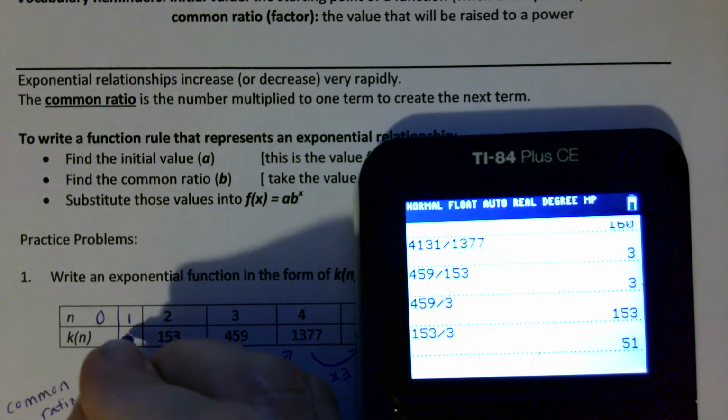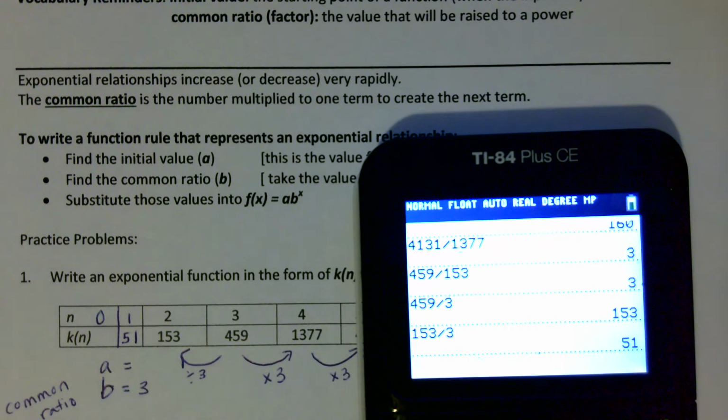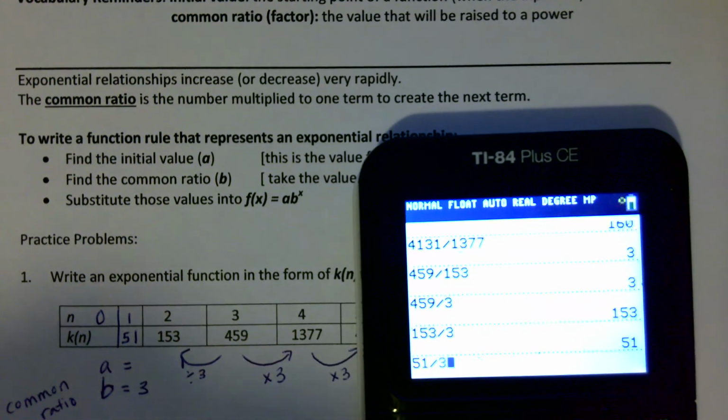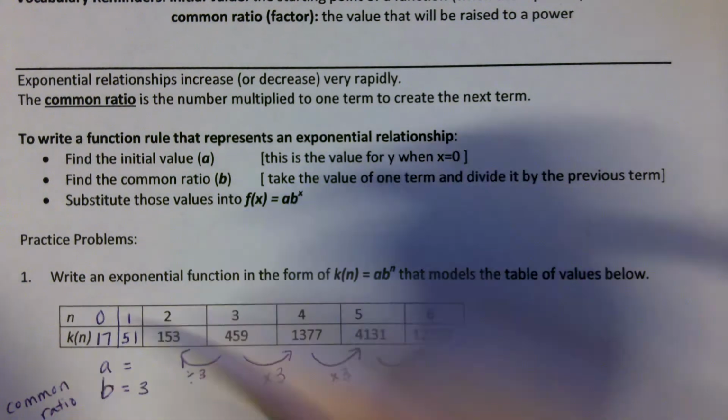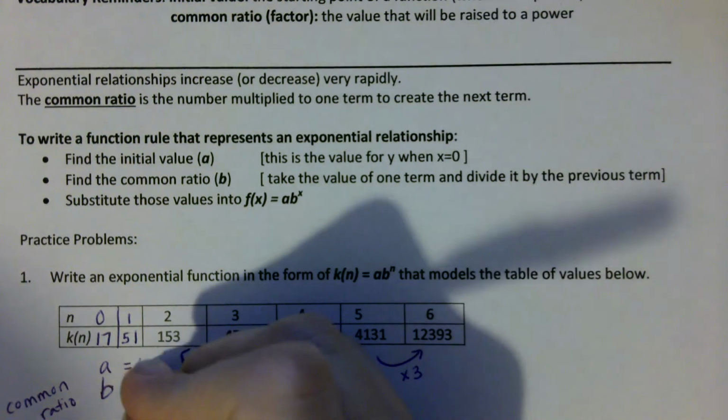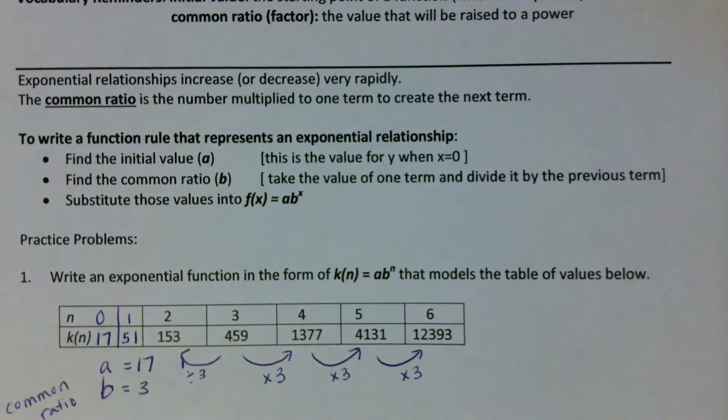And that's 51. But I don't need my first term, I need my initial term, my 0th term. So I'm going to take the 51 and divide that by 3. And I get 17. So my initial term was 17. Now I have my a value is 17, my b value is 3.